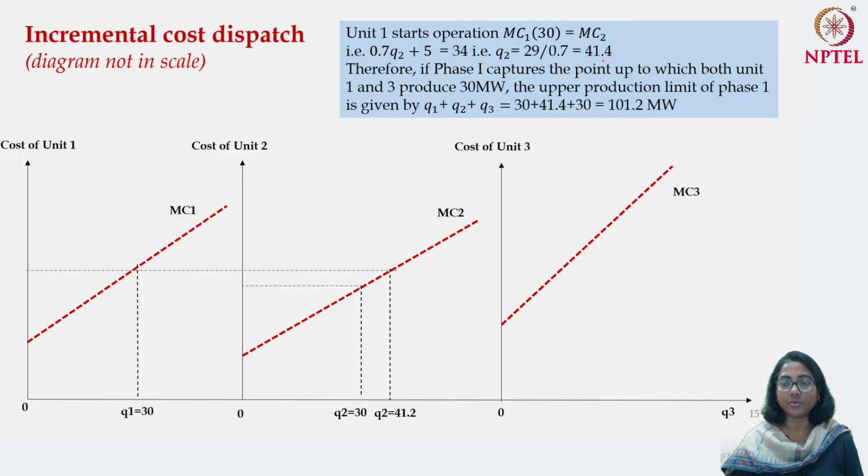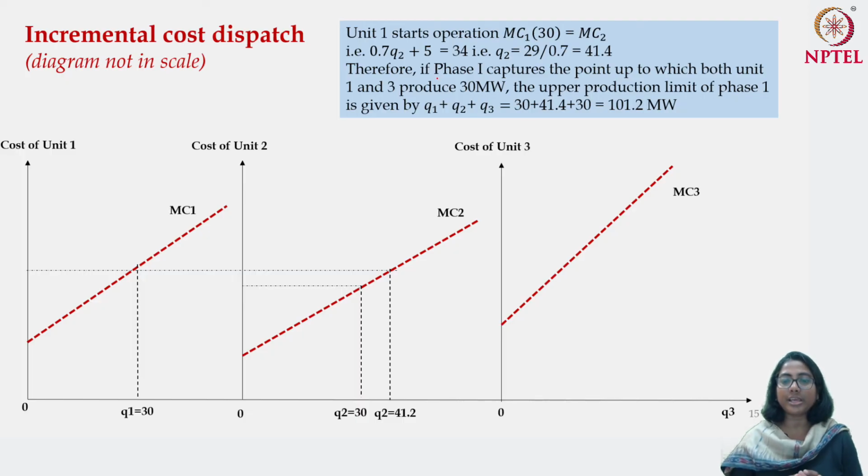That gives me Q2 equal to 41.4. This should be 41.4 here, so it should be either 41.4 in both cases or 41.2 in both cases. So what you see is that Q2 is equal to 41.4.